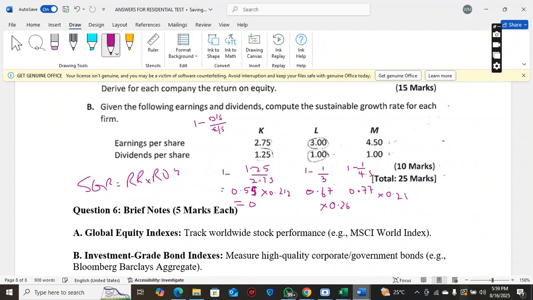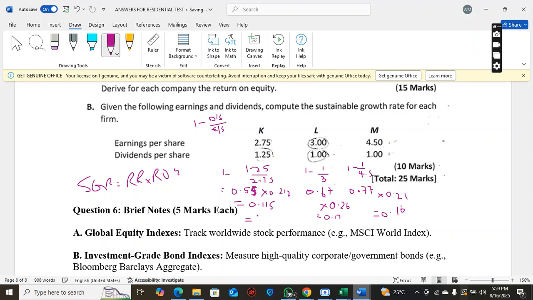0.1155. 0.1742. 0.16. Okay, so remember, the sustainable growth rate is the rate at which a company is expected to grow using its own profits.